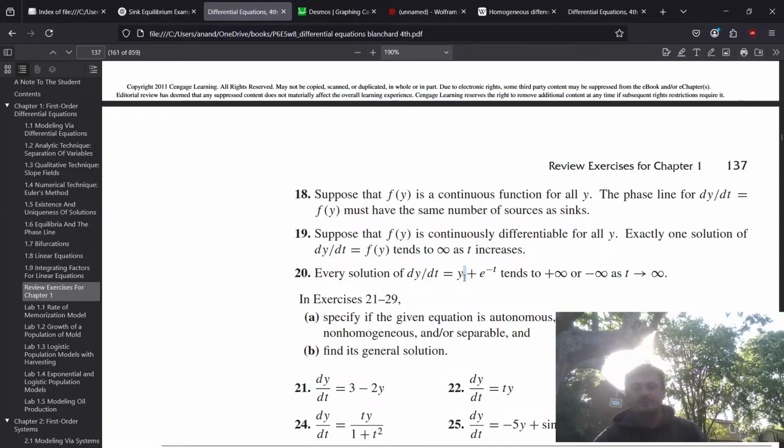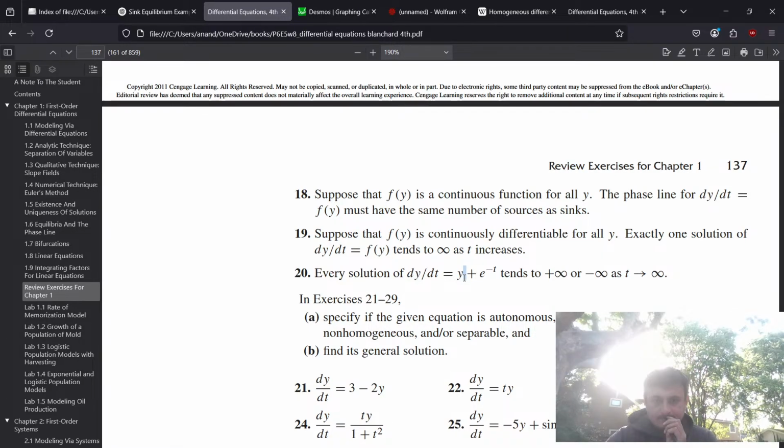Okay. T is equal to 0. This equals 1, right? The initial condition is negative.